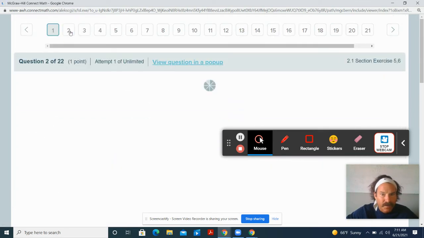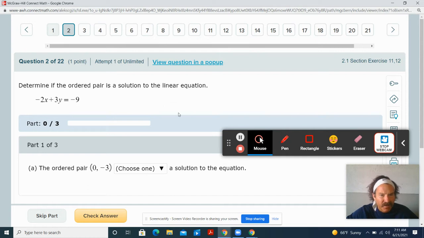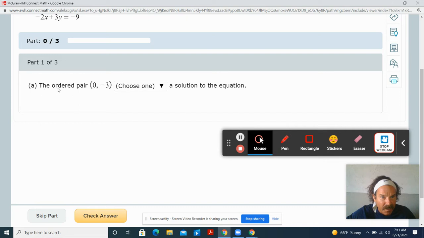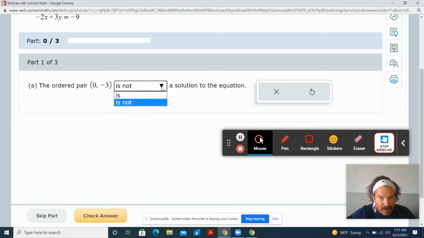So number 2, instead of giving you an ordered pair here, they give you an equation. The equation has an x and a y in it, and it asks you a question here. It says the ordered pair 0, -3 is a solution to the equation or is not a solution to the equation.